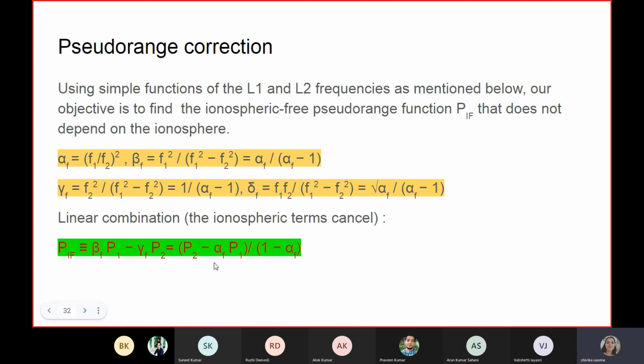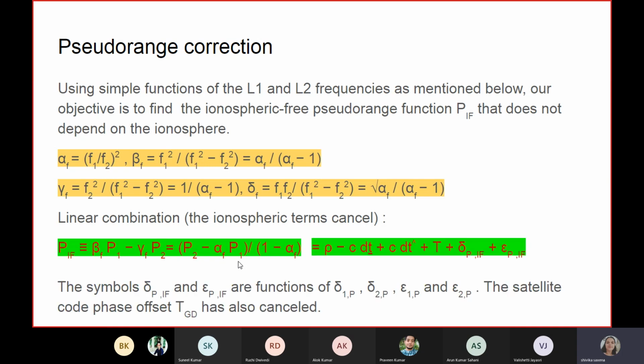After this we will arrive at the final pseudo range equation after ionospheric correction: geometric range rho minus receiver clock, satellite clock, plus troposphere. Obviously it will be here because it is not dependent on frequency, plus multipath and measurement noise.